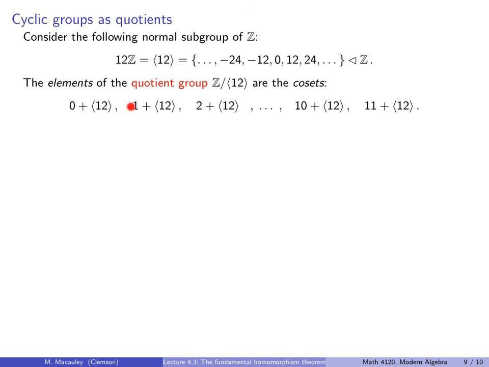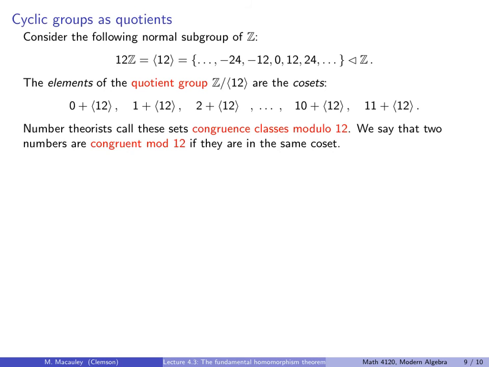So this is the coset consisting of everything that is equal to 1 modulo 12. This is the coset of all the integers that are 2 mod 12, and so forth. Number theorists call these sets congruence classes modulo 12. We say that two numbers are congruent mod 12 if they're in the same coset.